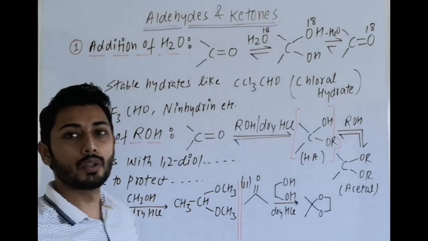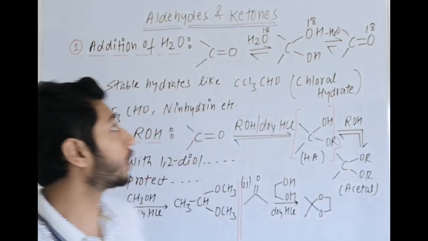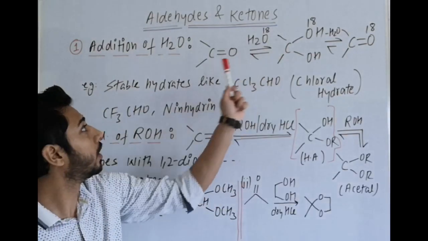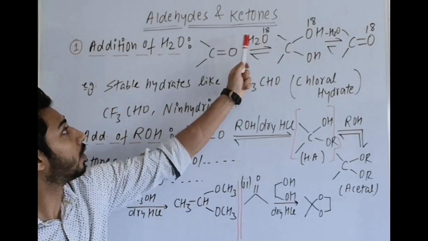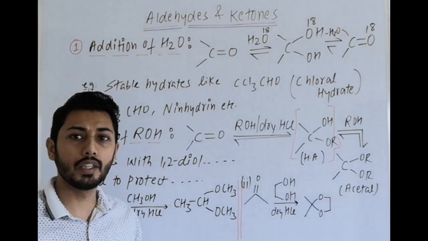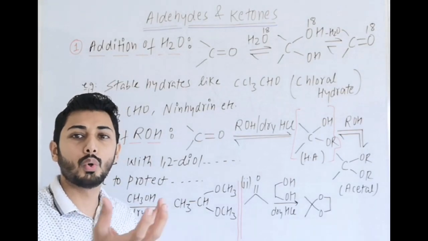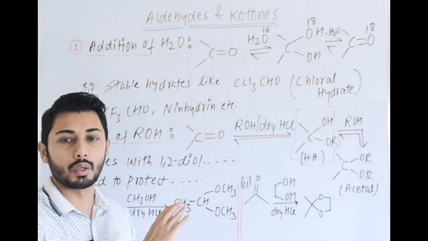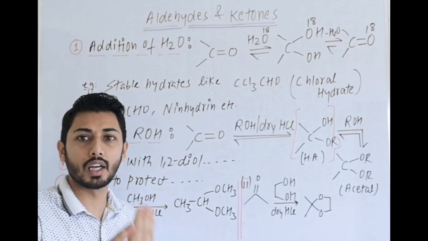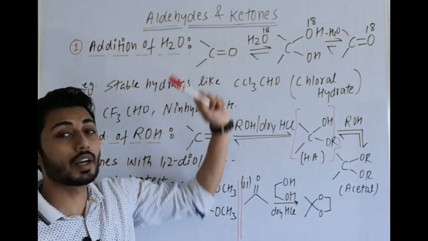Now the first reaction in nucleophilic addition is addition of water. In addition of water, its equilibrium is given here: carbonyl compound plus H2O, where the oxygen is labeled, that is, O18 is used, so that in the product we can check whether O18 is there or not, because that way we can trace whether O18 is adding on the carbonyl carbon or not.